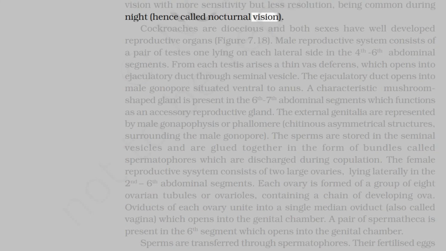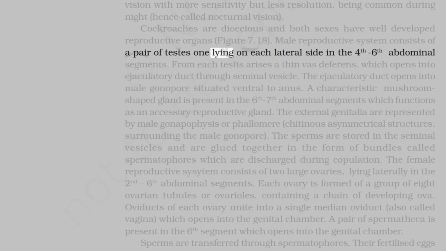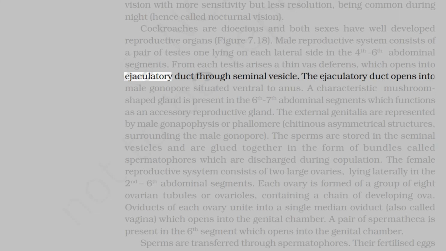Cockroaches are dioecious and both sexes have well-developed reproductive organs, figure 7.18. Male reproductive system consists of a pair of testes, one lying on each lateral side in the 4th to 6th abdominal segments. From each testis arises a thin vas deferens, which opens into ejaculatory duct through seminal vesicle.